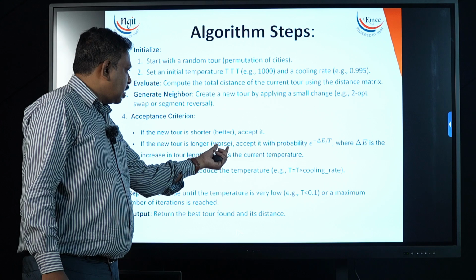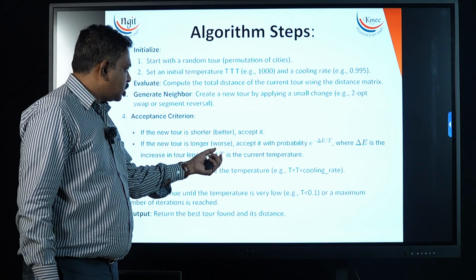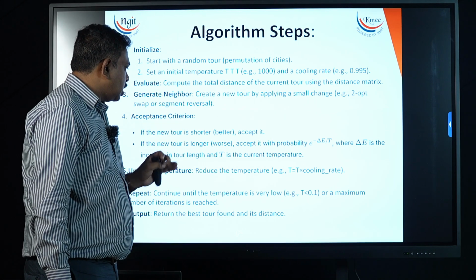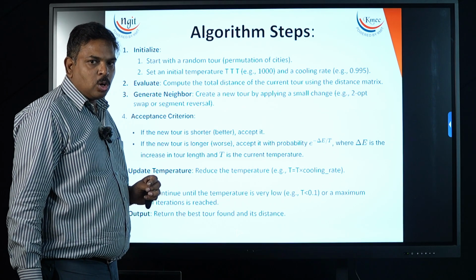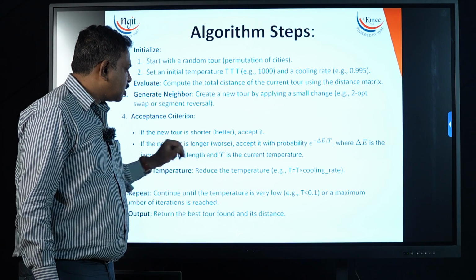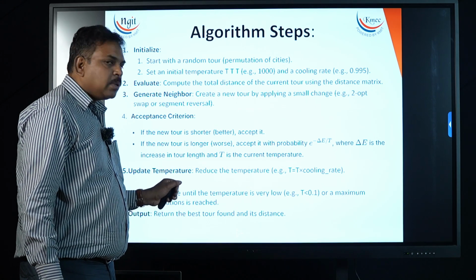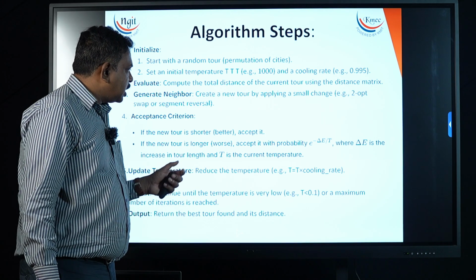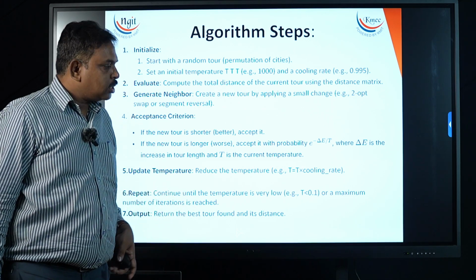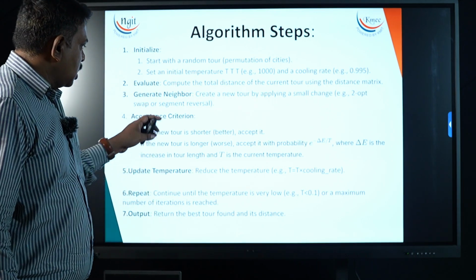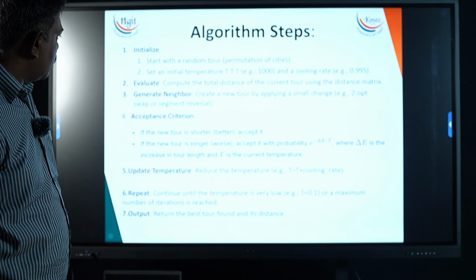As I said, hill climbing doesn't allow worse conditions, because the climber is always going upwards; he cannot backtrack. But in simulated annealing, sometimes it accepts worse conditions, but later on it improves itself to reach the goal.